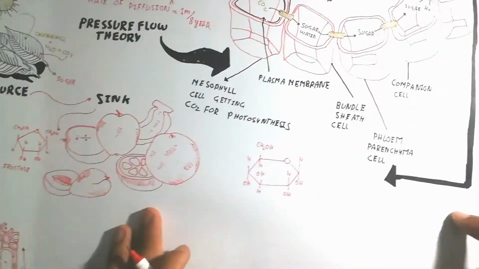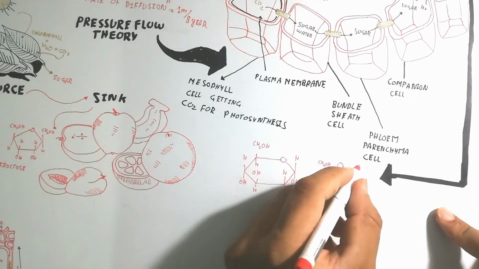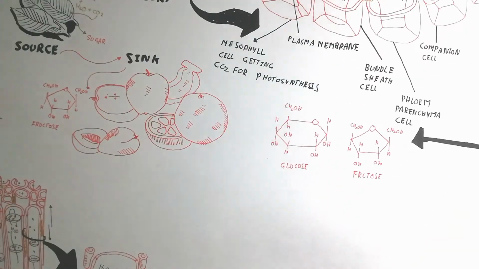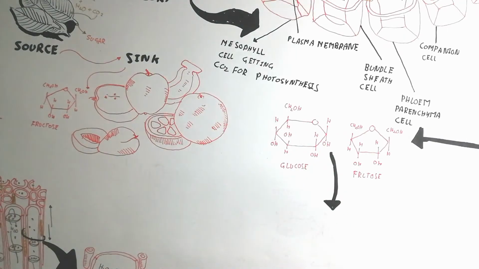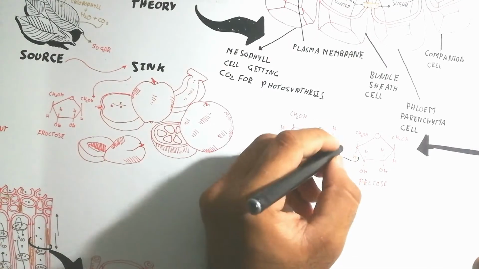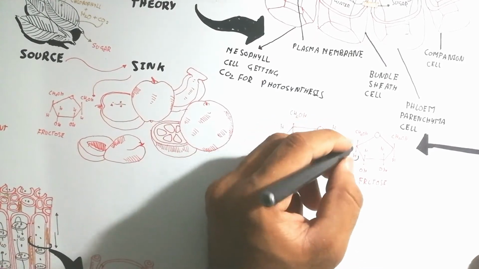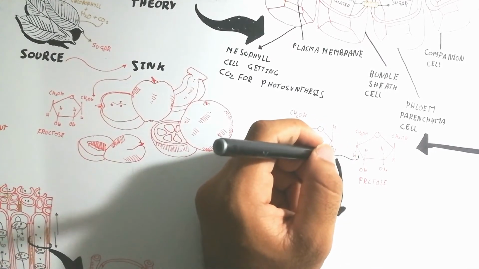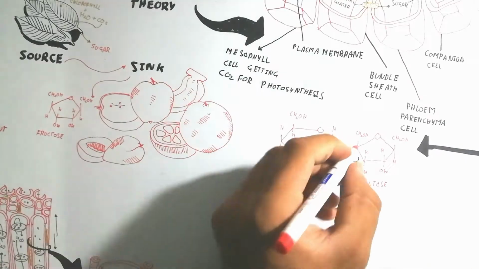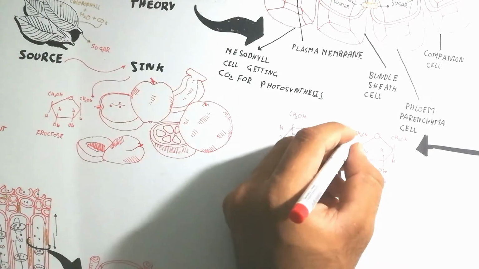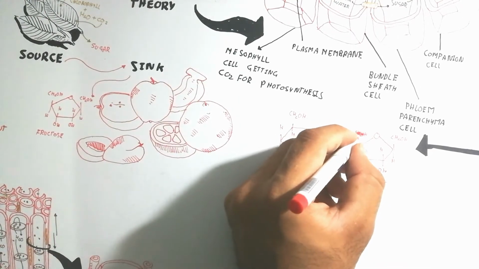So here the fruit contains the sugars, fructose and glucose sometimes, and fructose and glucose will be combined. Sorry, I made a mistake about that, so remember it. Here is an OH, or some mistake that happened.